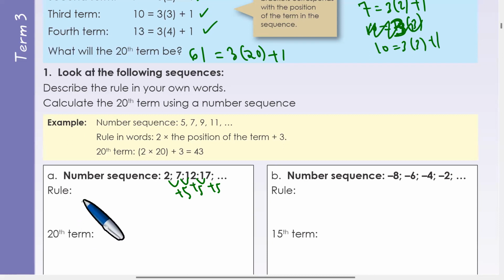The rule in words is what? Is it plus 5? Because it increases by 5, then what you do is you put 5 like this. Then you would say like the first term. What would the first term be?